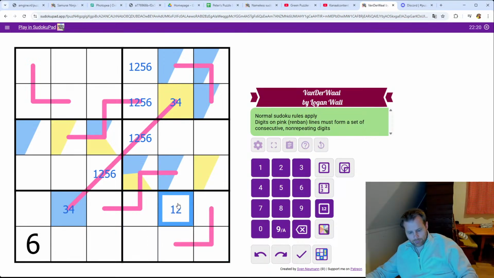So this is 1, 2, 5, 6 again. So this is A3, 4. We don't know yet which one, but at least it is A3, 4. But then still we don't know which one.